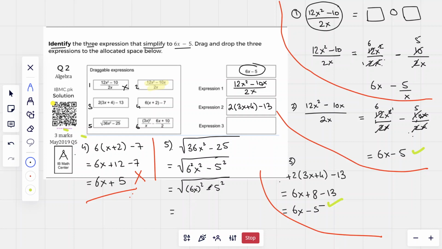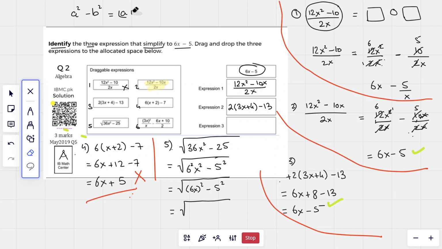Now we've got a square minus b square. A term square minus another term square can be written as a plus b into a minus b. Or normally, teachers like to teach it as a minus b into a plus b.